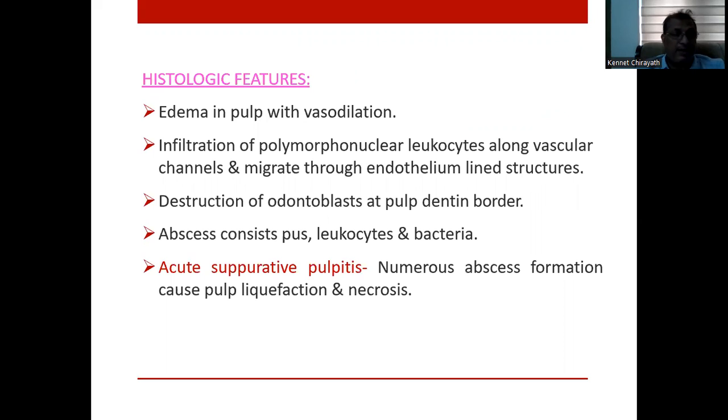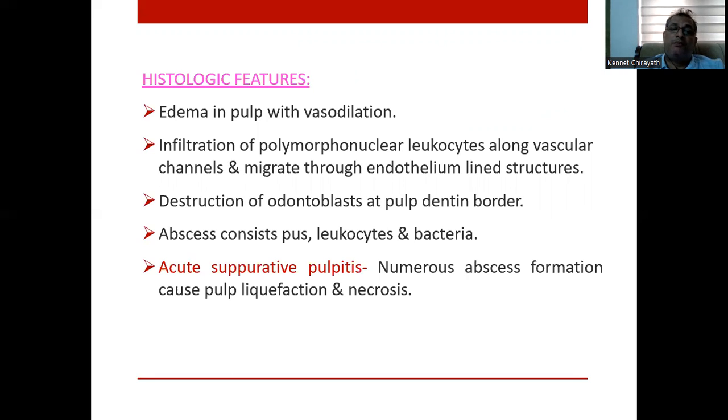Then come the histological features. Edema in the pulp with vasodilation, and polymorphonuclear leukocytes aligned with the vascular channels migrate through the endothelium-lined structure, with destruction of the odontoblasts at the pulp-dentin border. An abscess consists of pus, leukocytes, and bacteria, in acute suppurative pulpitis.